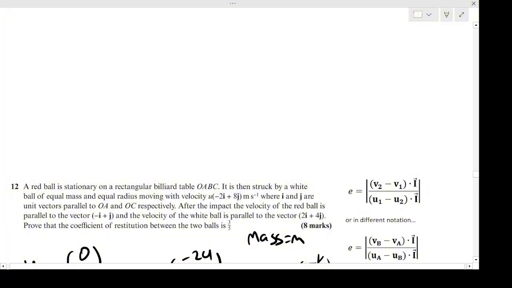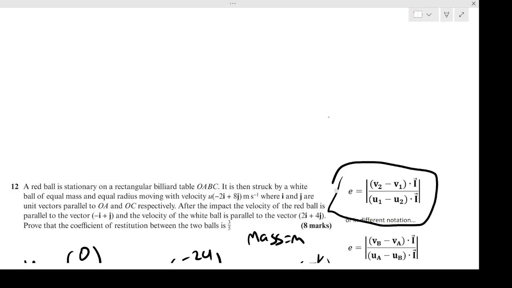And actually, the final thing I want to say is, in theory, you can use the method we've done here with problems where it is parallel to i or j. So you could consider momentum of the vectors as a whole, and you can use this formula for e here.